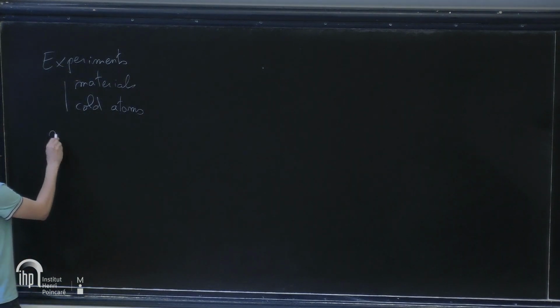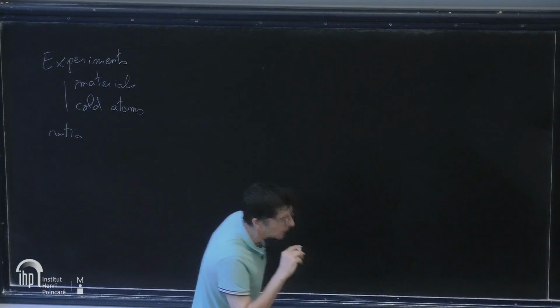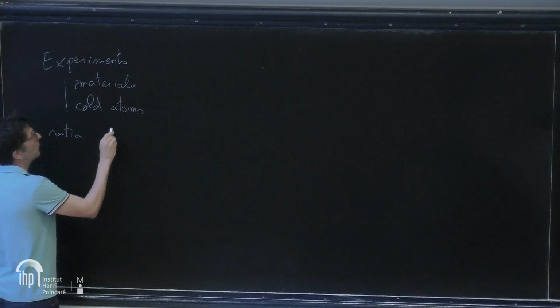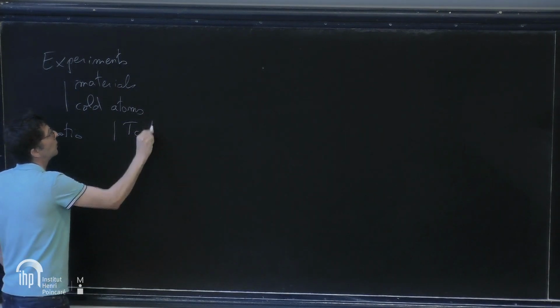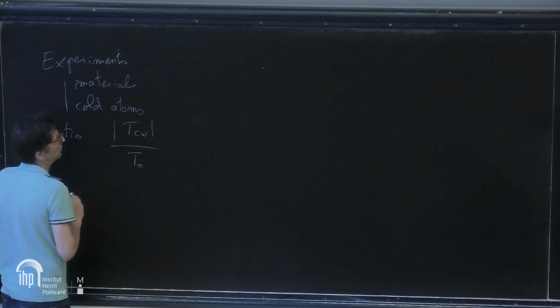Okay. So I won't discuss experiments, but just to say that there is very good evidence of spin liquids. What people do typically is they measure the ratio of the Curie-Weiss temperature divided by the ordering temperature.